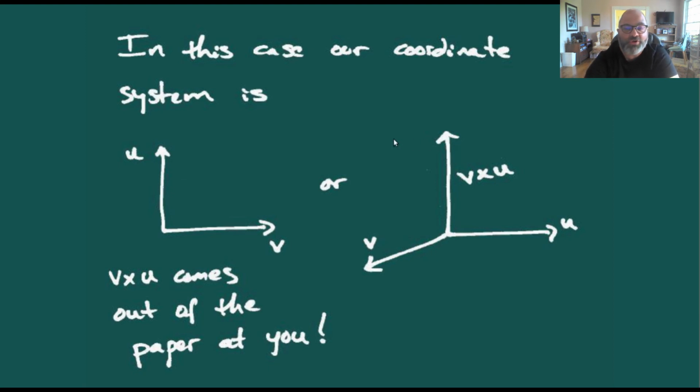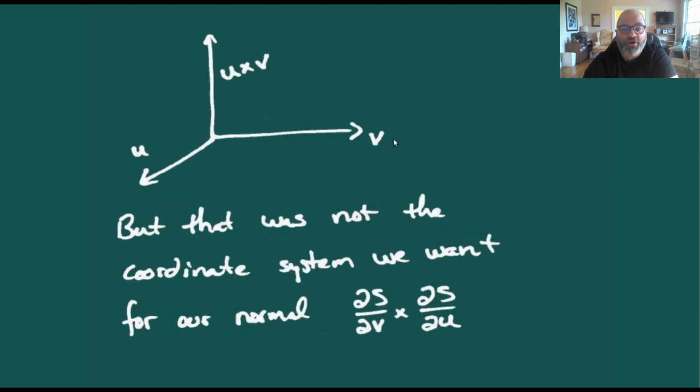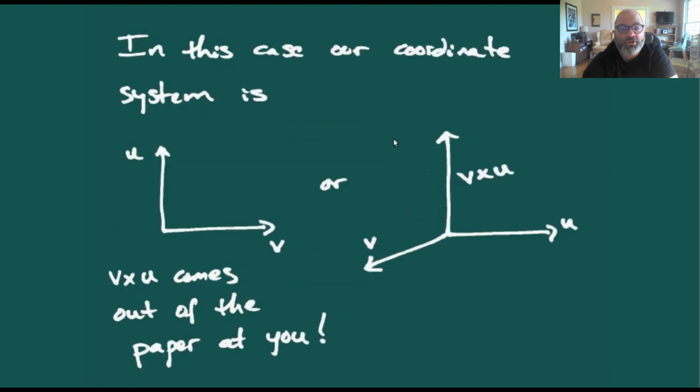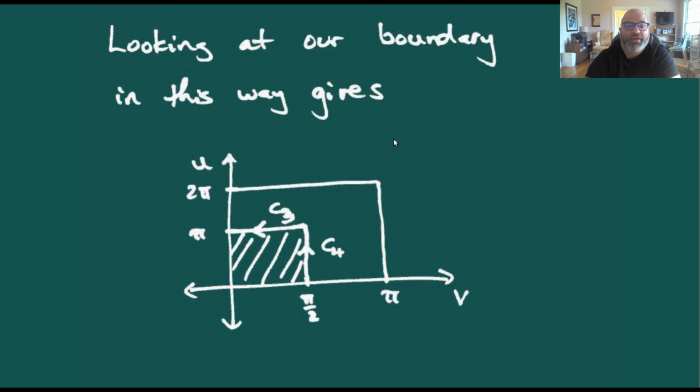That's the same orientation as partial s partial v cross partial s partial u, so that v cross u comes out of the paper at us.